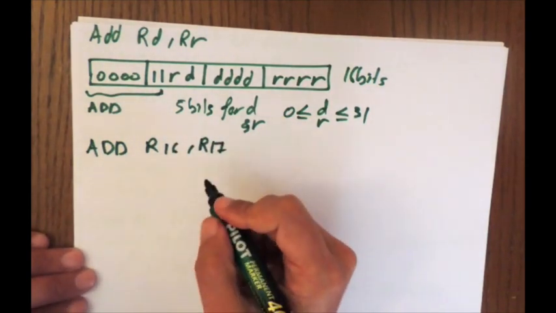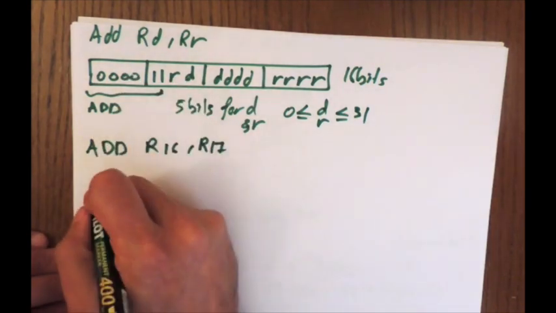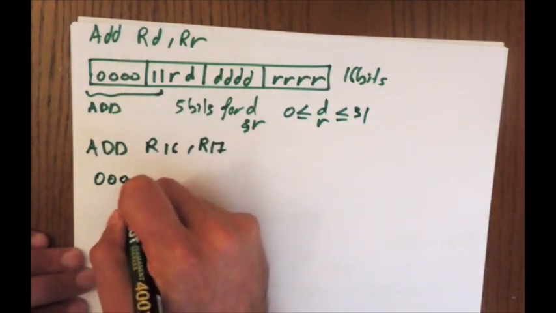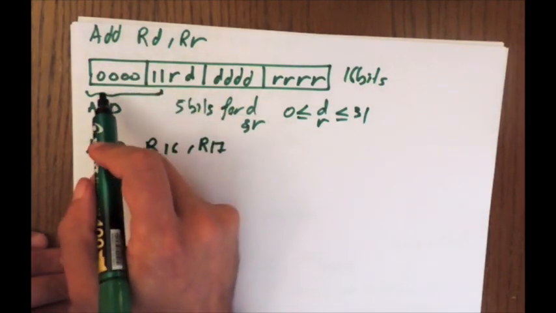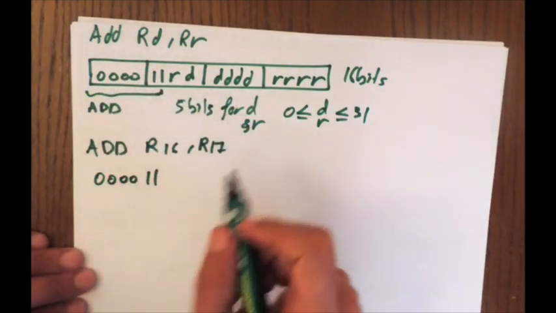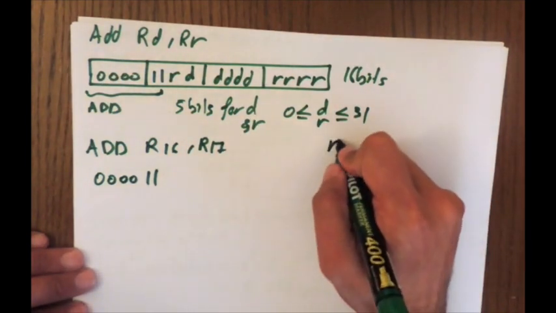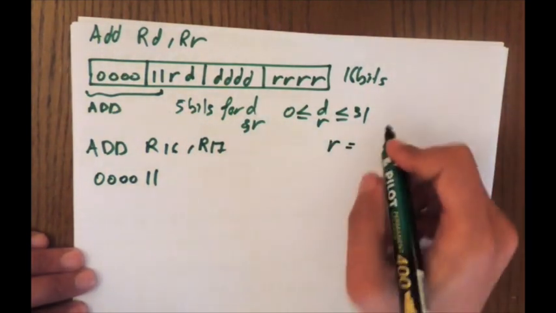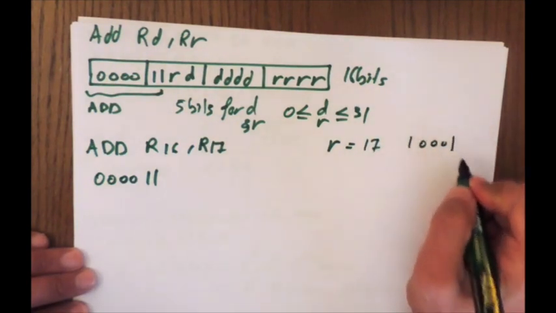If I want to write this in machine language, first I copy down the opcode, the thing that tells me that this is an add. Then R is this guy here, it's going to be 17, so in binary 1 0 0 0 1.